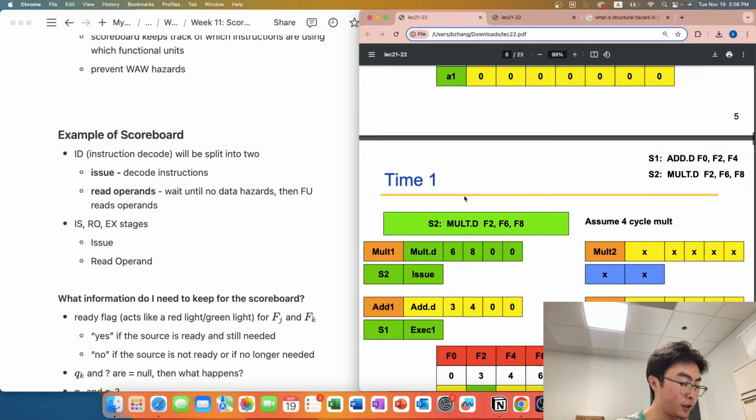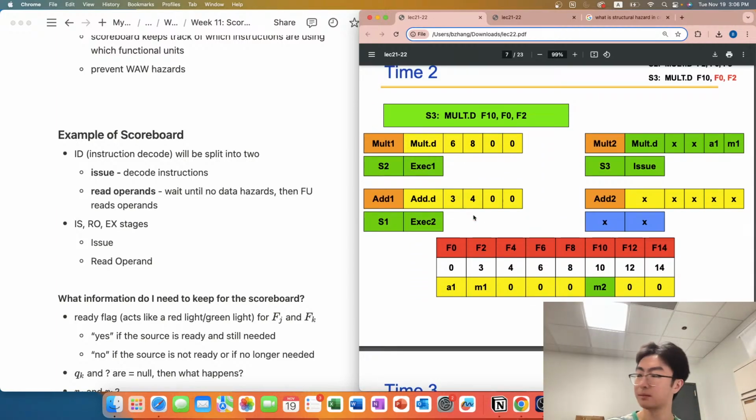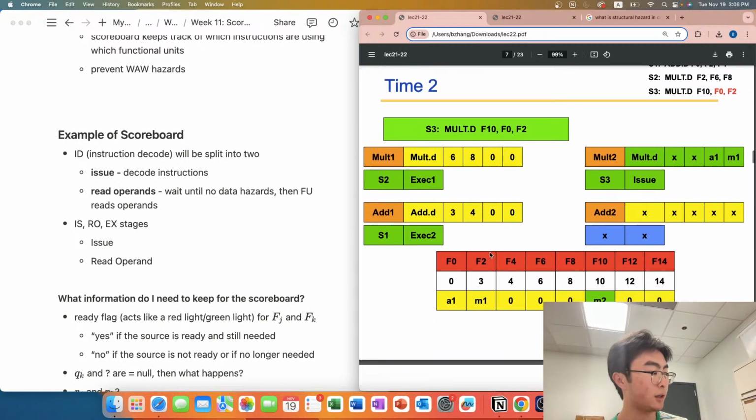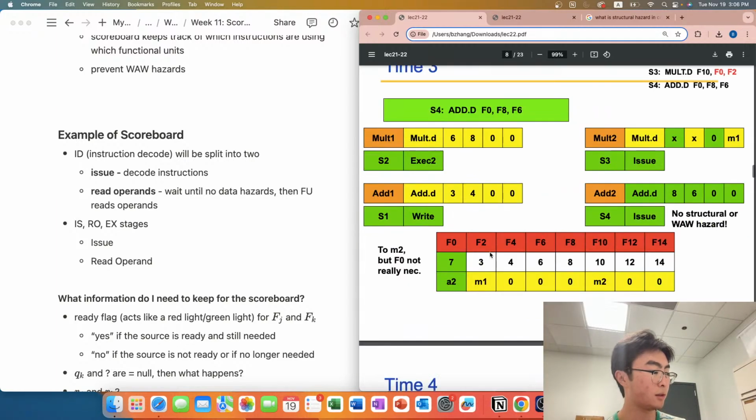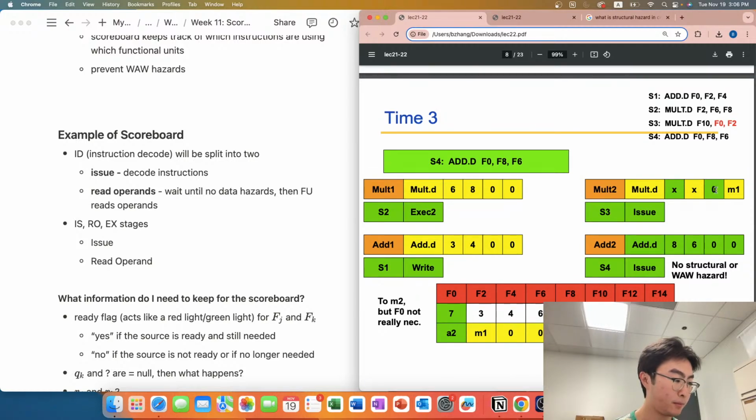So this is first clock cycle, second cycle, third cycle. Okay, so second cycle, third cycle, and then fourth cycle here. Alright, okay, so fourth cycle here. We add 0.